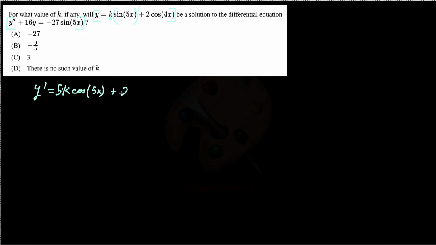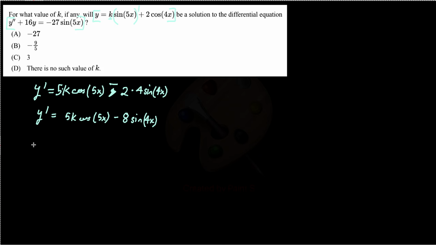Plus 2 times the derivative of cosine 4x, which is negative sine 4x times 4. So I'll put times 4 here, and I'll make this minus. Then I'll rewrite everything: y prime is equal to 5k cosine 5x minus 8 sine 4x. And that's my first derivative.